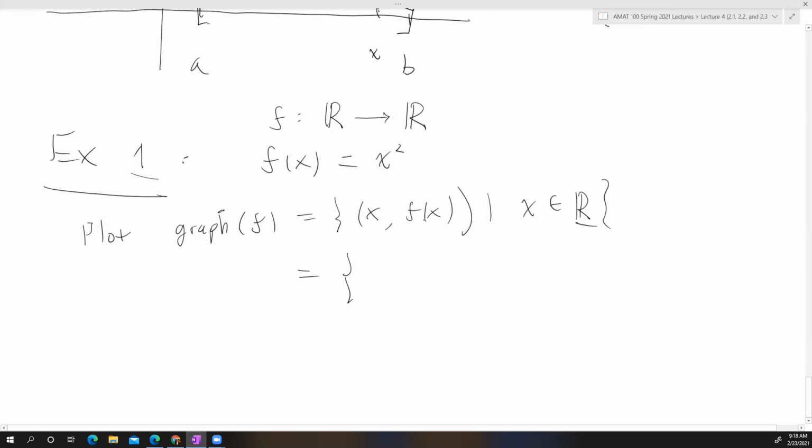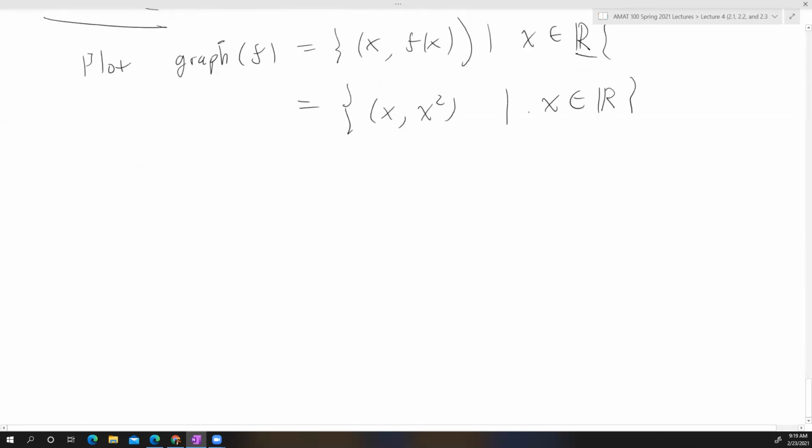But we know what f of x is. It's just x squared. So the graph is the set of all pairs x comma x squared, where x is some real number. And we can describe some of the elements. So let's look at some of these elements.